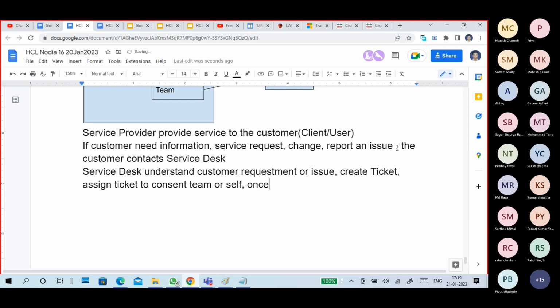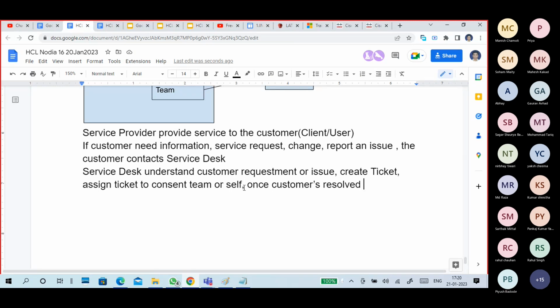Once the customer's issue is resolved, or whatever they needed, they get it.